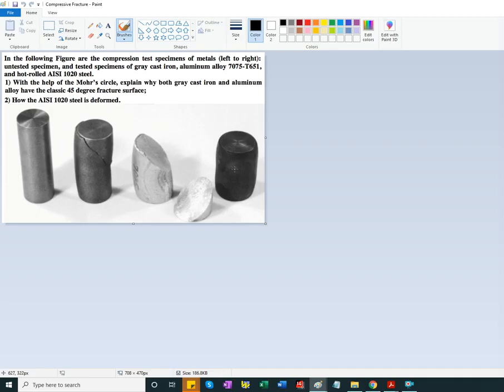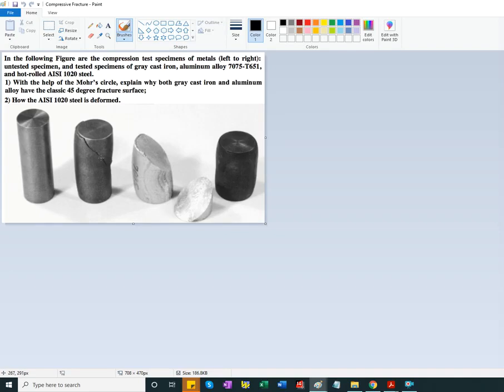Remember comments that I made on different occasions that compressive stresses are not as bad as tensile stresses, particularly when talking about ductile materials, because the material doesn't separate. It's not going to break. There's a change of geometry, but it stays in one piece. It's the tensile stresses that we care about, again for ductile material.